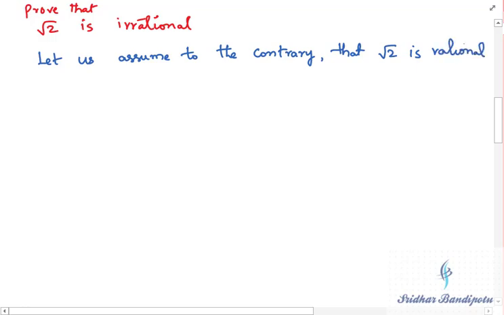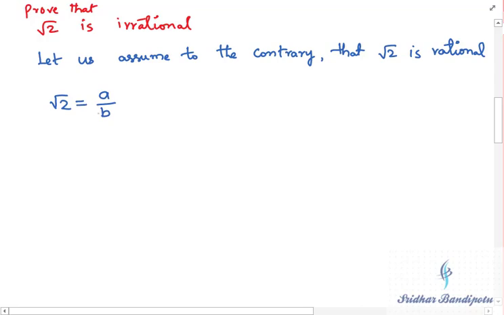If it is rational, then from the definition of rational numbers, we can write it in the form p by q. Rational numbers are the numbers which are expressed in the form p by q. So root 2, if it is rational, we should write in the form p by q. So I will write a by b.